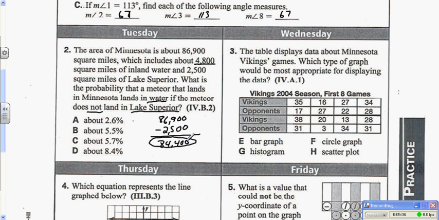So to find out the probability that it lands in water, well, we take the area of water that does not include Lake Superior, and we would divide that by the new total, which has Lake Superior taken out of it.